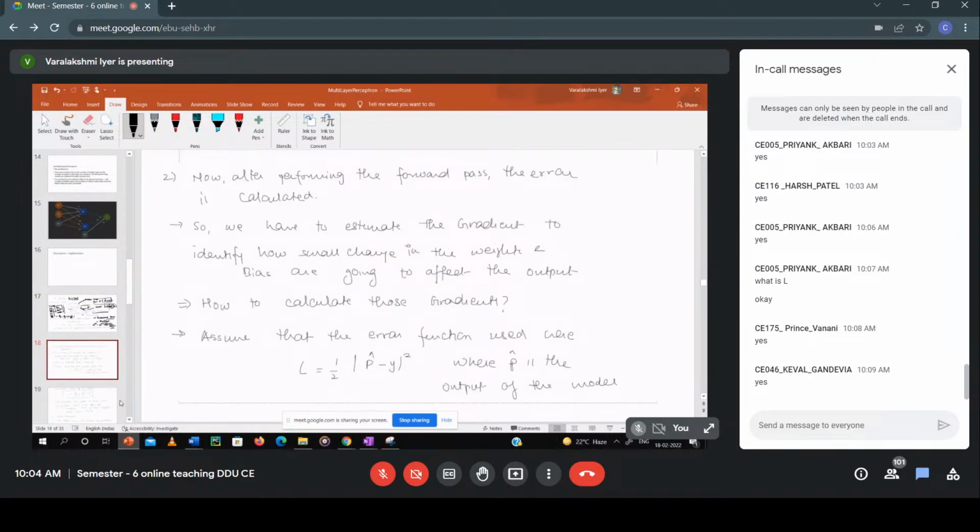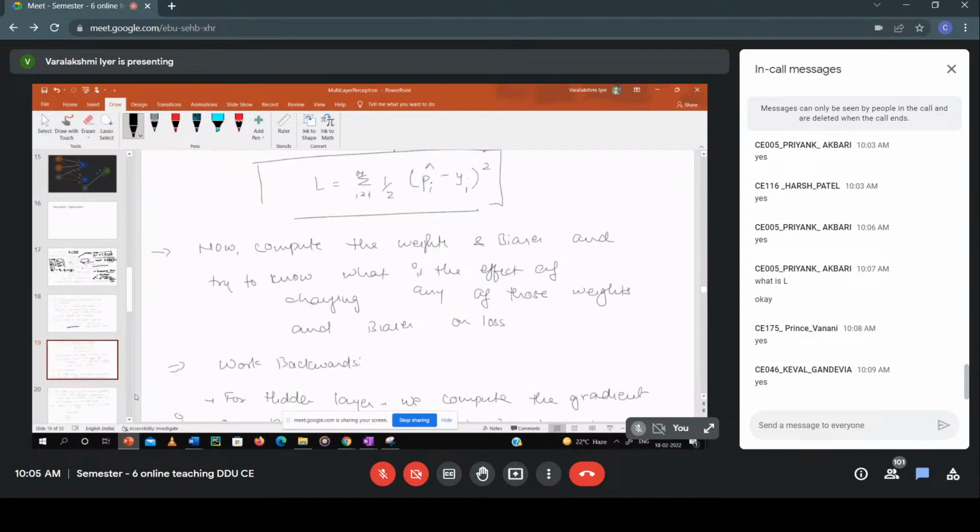Okay, so now let us go through the derivation part. In this case, we have defined the loss function here. Then how to calculate those gradients will be seen. Our loss function is y hat minus yi, the loss associated with a particular instance of a data set, where y hat is the output generated through our model for that instance.